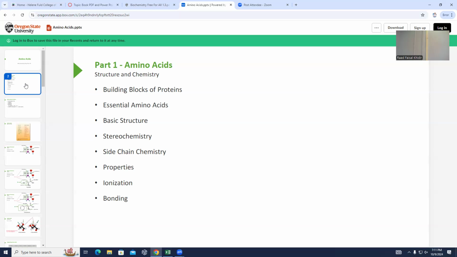And then lastly you have your R group. R1, R2, R3, R4. These are our 4 different amino acids.